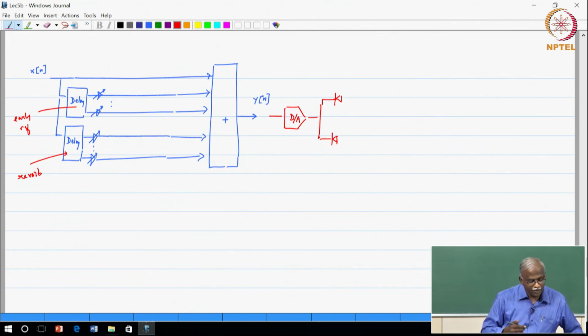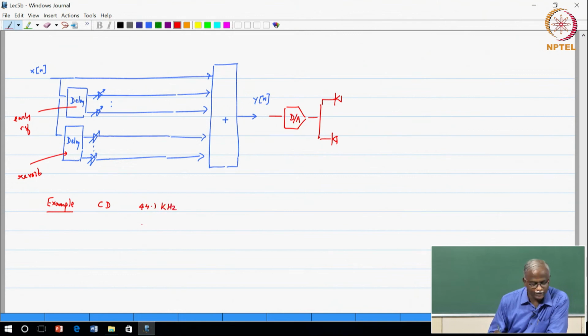Okay, now where is the multirate part? I didn't see any multirate. It's just samples which you delayed and multiplied. If you end up in a situation, so let's take for example that you had CDs, you were playing back CD music. CD music is at 44.1 kilohertz sampling rate.